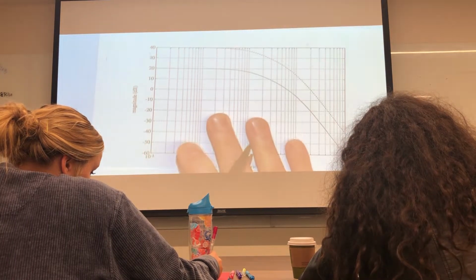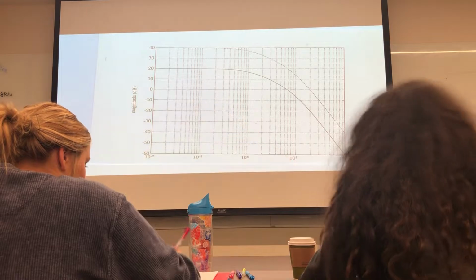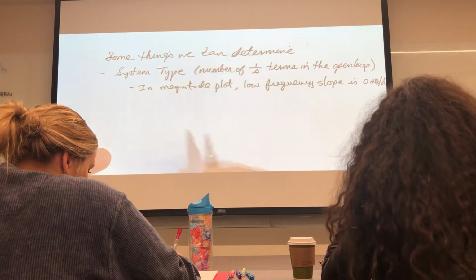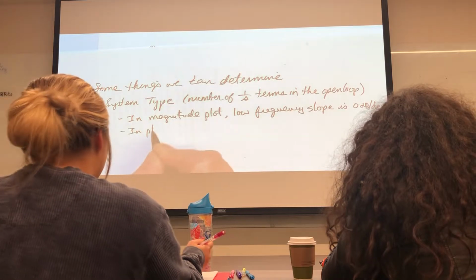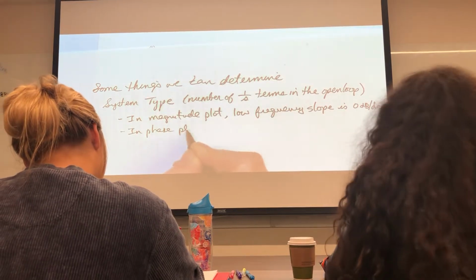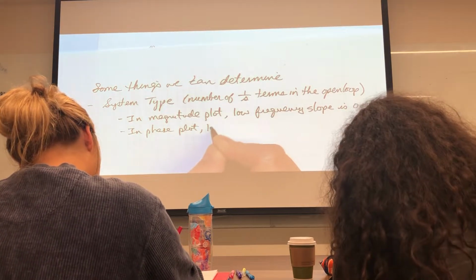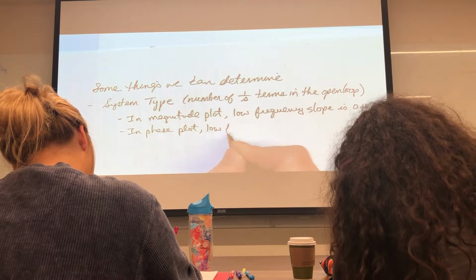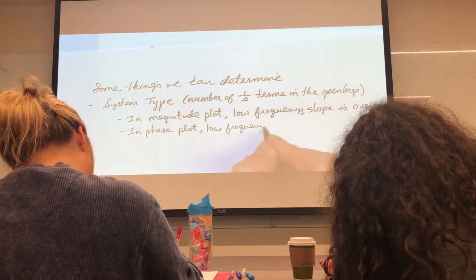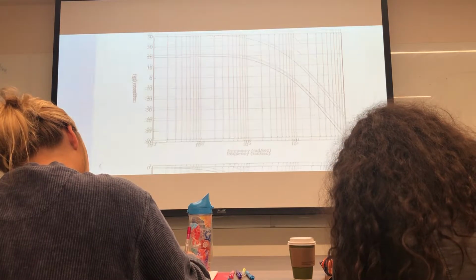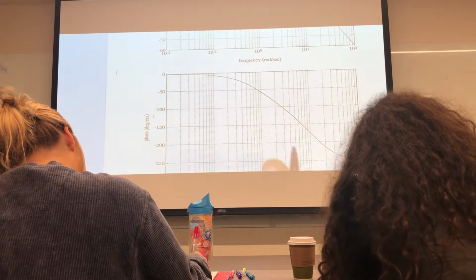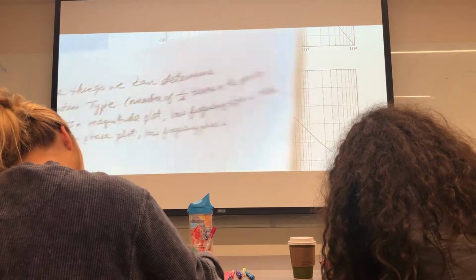I'm saying this slope is flat. In the phase plot, the low frequency phase is, let's take a look at the phase. At low frequencies, the phase is 0 degrees.